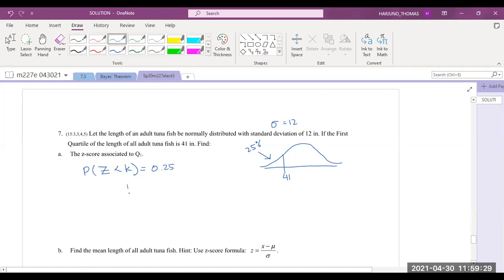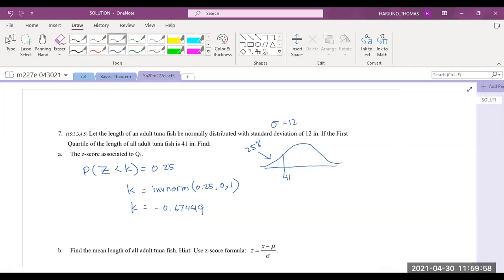So K equals inverse norm 0.25, the mean is 0, standard deviation of 1. That's the Z-score, by the way. That's negative 0.67449. Now, what happened is this.